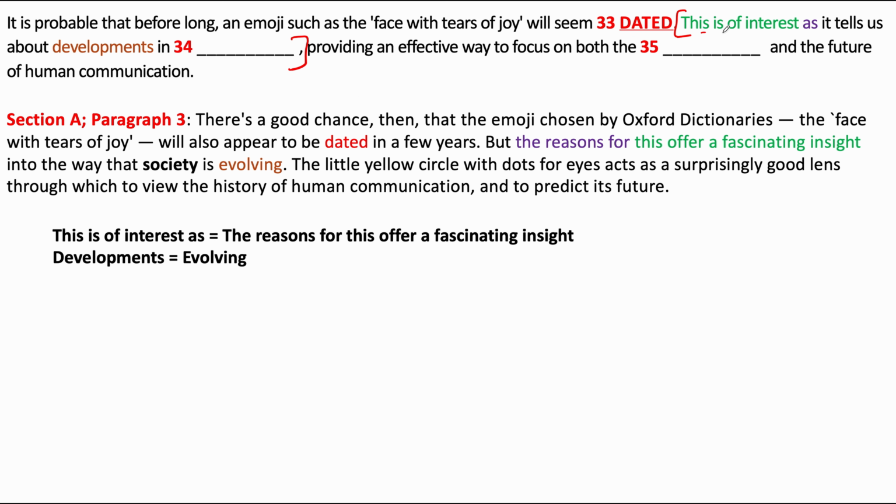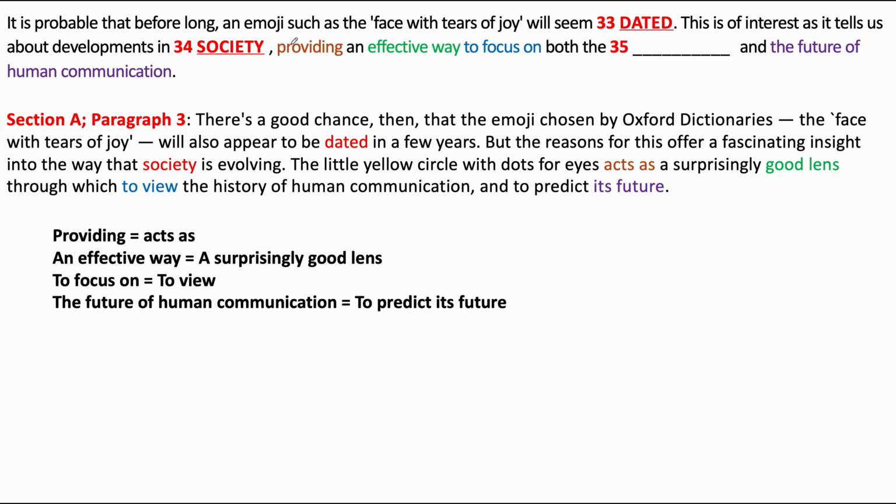This is of interest corresponds to this offers a fascinating insight into. So it offers a fascinating insight into the way in which society is evolving or about the developments in society. The answer to the 34th question is society. The word evolving means society is constantly developing and adapting.